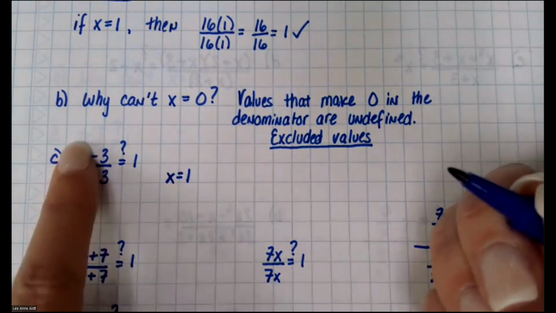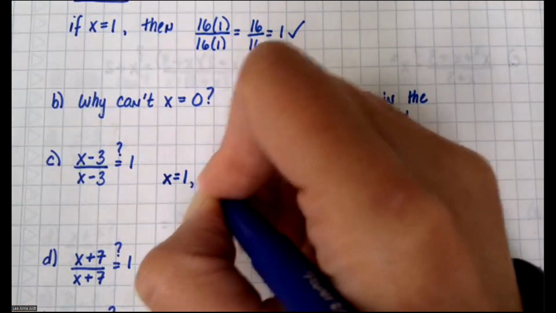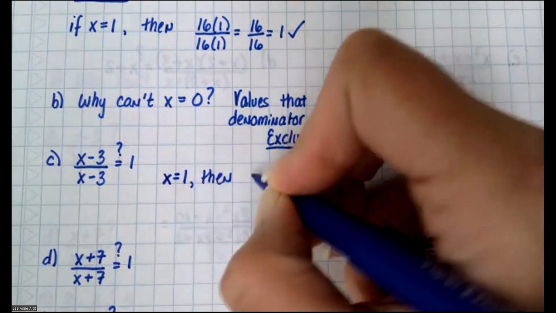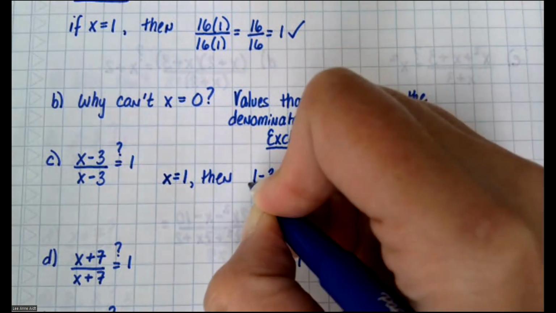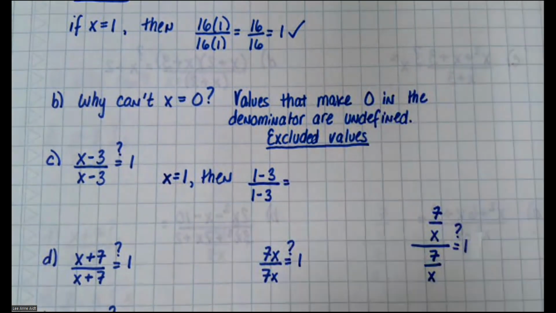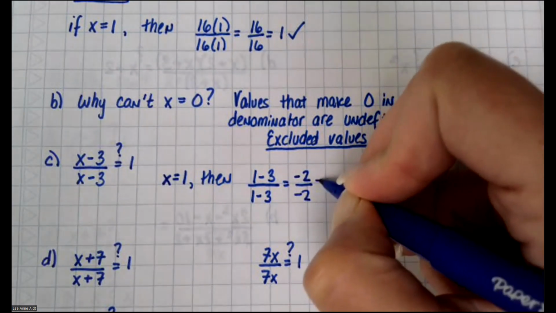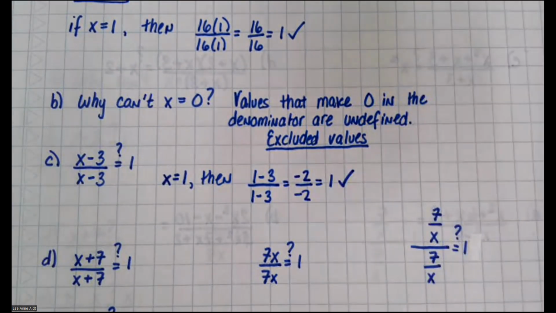So we're going to plug 1 in, just like we did up here. I put 1 in there, I put 1 in there. -2 over -2 equals 1.